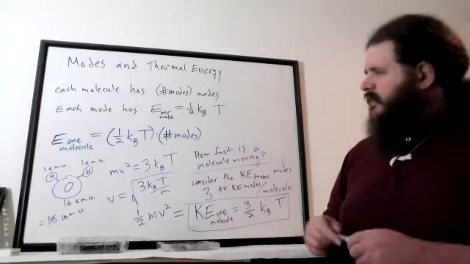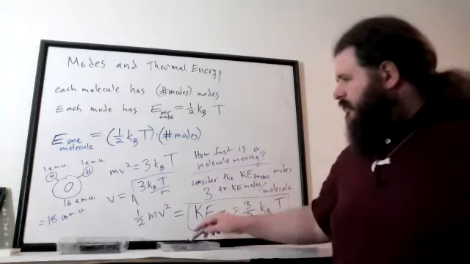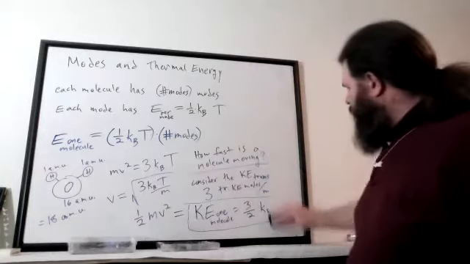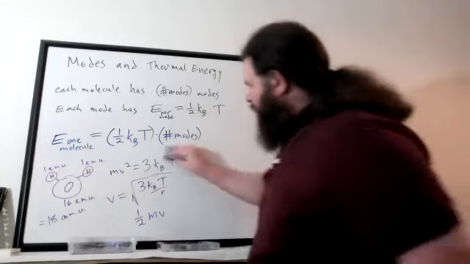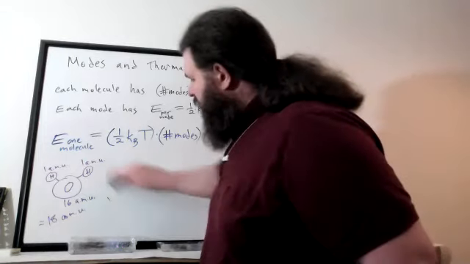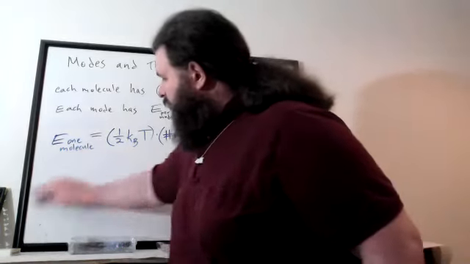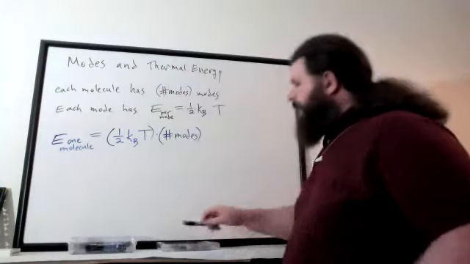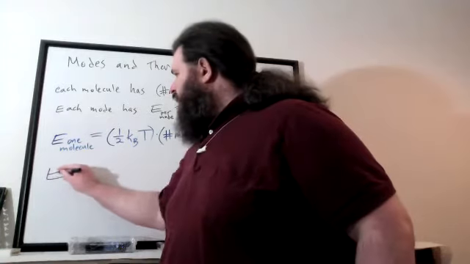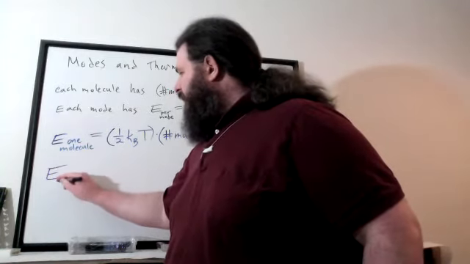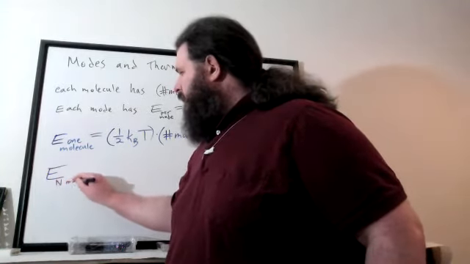All right, then let's see if we can expand from 1 molecule to many molecules, because you'll never really be dealing with just 1 molecule. Usually we've got lots of molecules. So let's say instead of having one molecule, you have N molecules.